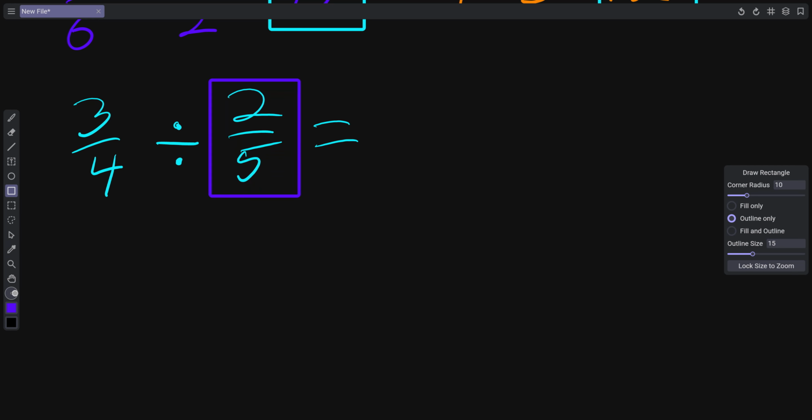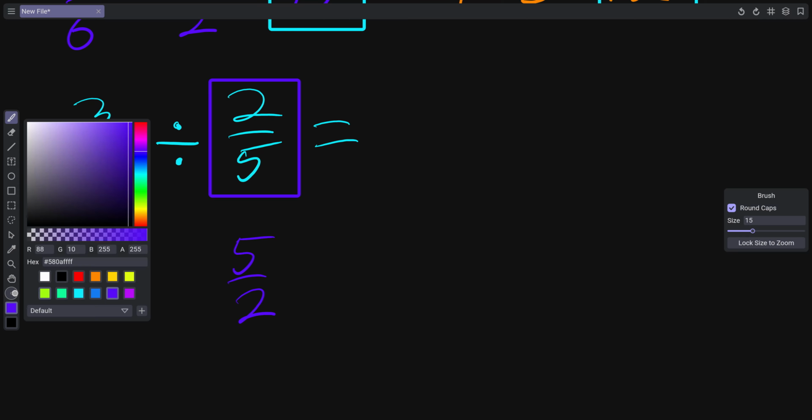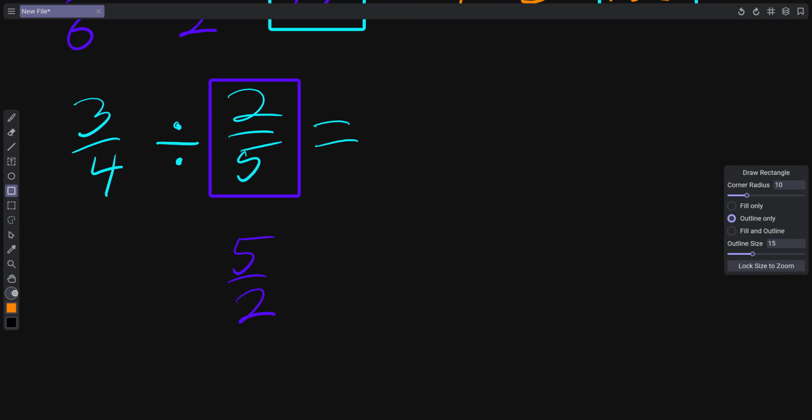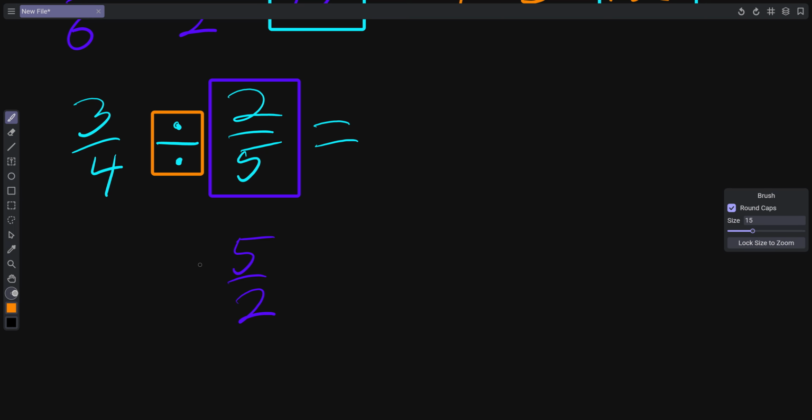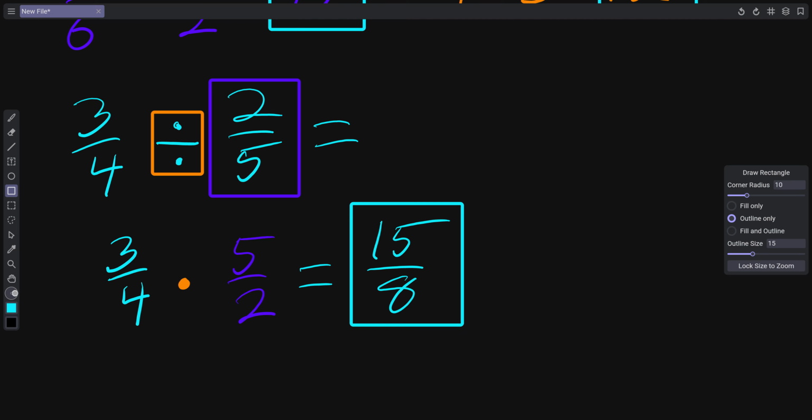So we would take 2 over 5, flip it, and it would become 5 over 2. Then we would change the division sign into a multiplication sign. Finally, the fraction on the left doesn't change, so we leave it as 3 over 4, and then we multiply across. We take 3 times 5, which gives us 15, and 4 times 2 equals 8. We are left with 15 over 8 as our final answer.